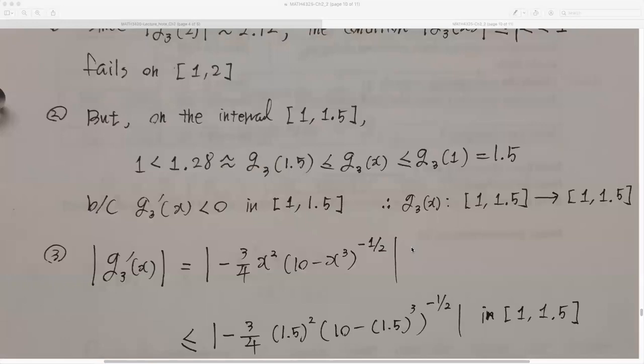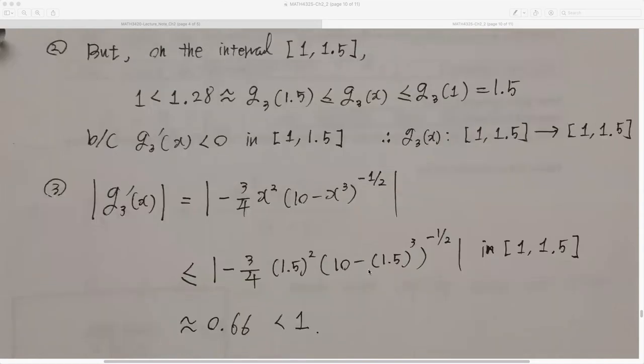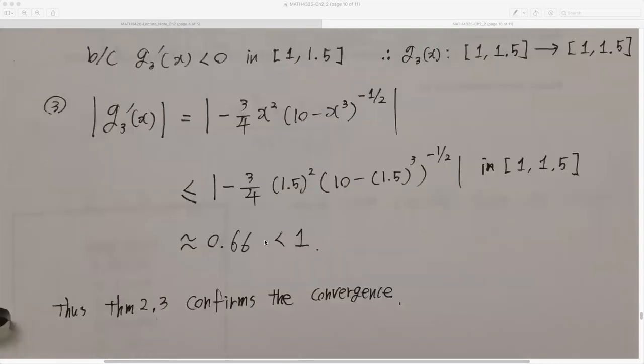Just find the absolute maximum and absolute minimum of G sub 3, then we can figure out that G sub 3 maps 1, 1.5 into 1, 1.5, and the derivative of G sub 3 is bounded by 0.6, which is less than 1.